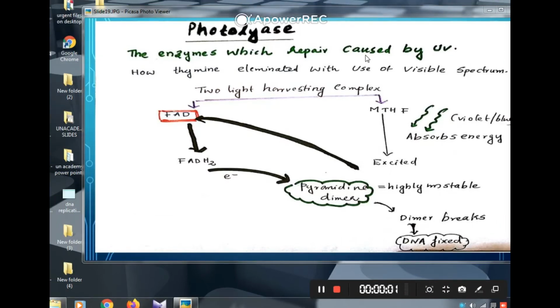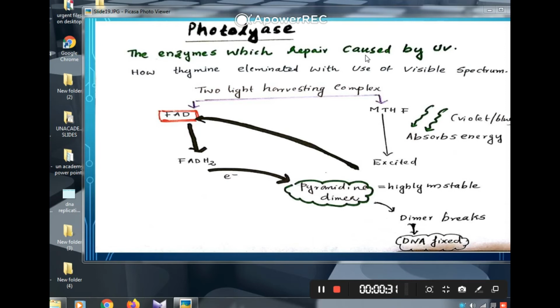FAD and MTHF absorb light energy, mainly violet and blue. MTHF absorbs the light energy and is excited, and this excitation energy goes to the FAD.